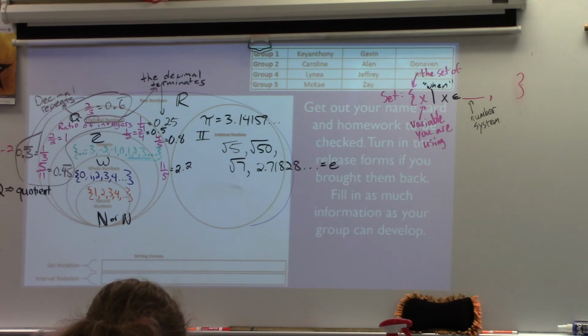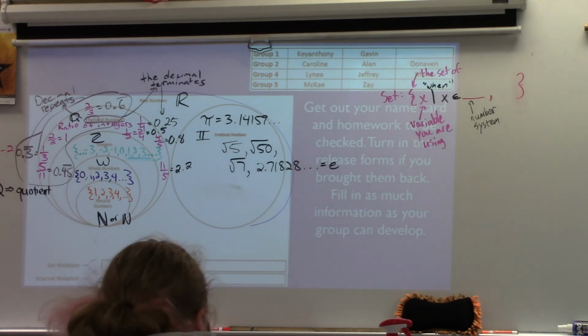Those are only for the real number system. What type of model are we dealing with if we're on the real number system? Yes, we only use interval notation for continuous models. So what is the first part of the interval notation?